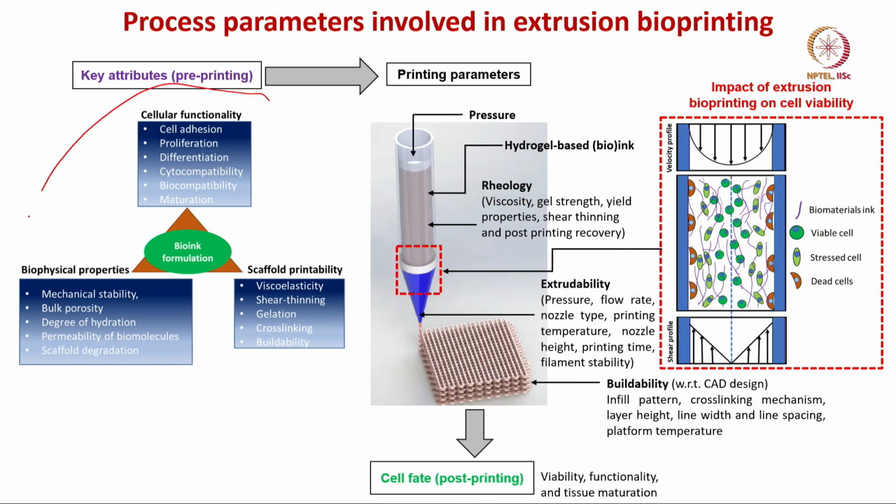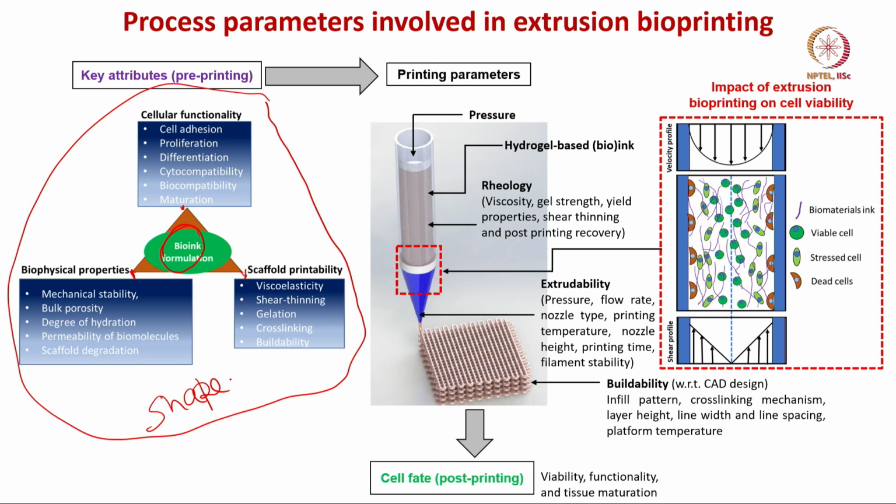Now, if we go through this particular triangle, where the bioink formulation is at the center of the triangle, the three vertices are cellular functionality, biophysical properties and scaffold printability. On one side you want the scaffold to be printed as a high shape fidelity, compliant scaffold structure.